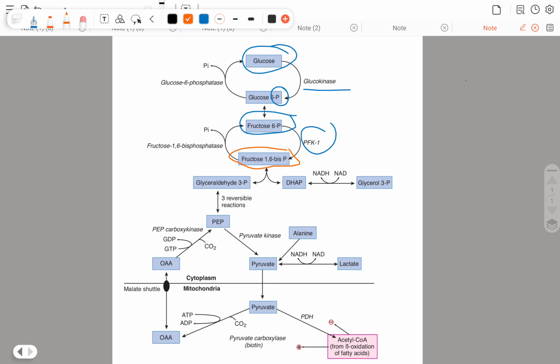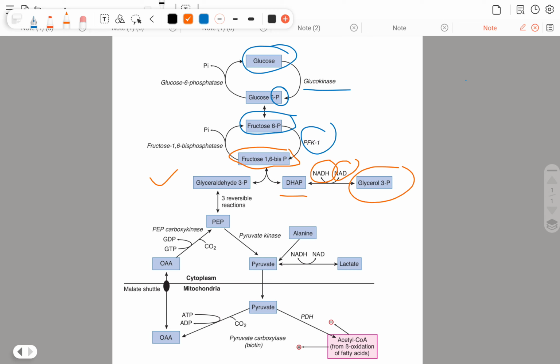And the next step, the fructose 1,6-bisphosphate is divided into two biochemical substances. The first one is glyceraldehyde 3-phosphate. The second one is dihydroxyacetone phosphate. The dihydroxyacetone phosphate, when combined with NADH, can form NAD and glycerol 3-phosphate.